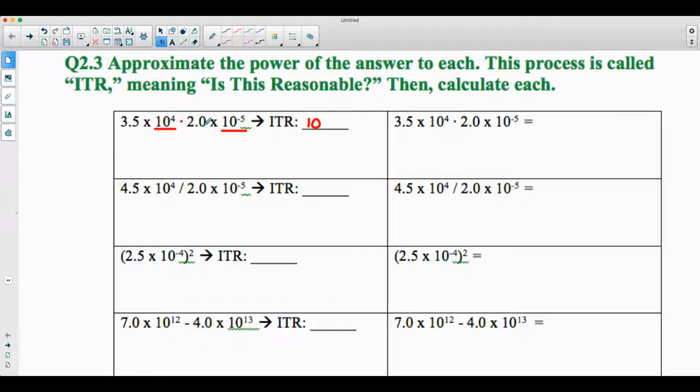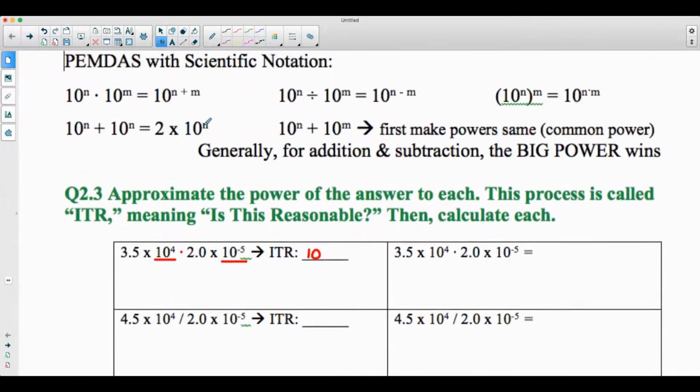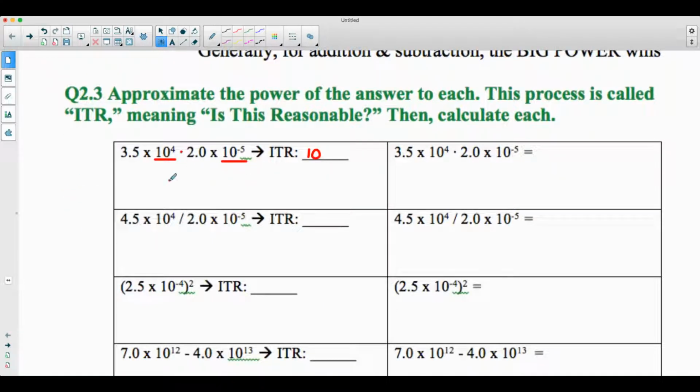So multiplication, you add the powers. You should know that. And in case you forgot, here it is. So you would say 10 to the 4th times 10 to the negative 5th. And again, you can do this in your head. But this is just equal to 10 to the 4 plus negative 5.